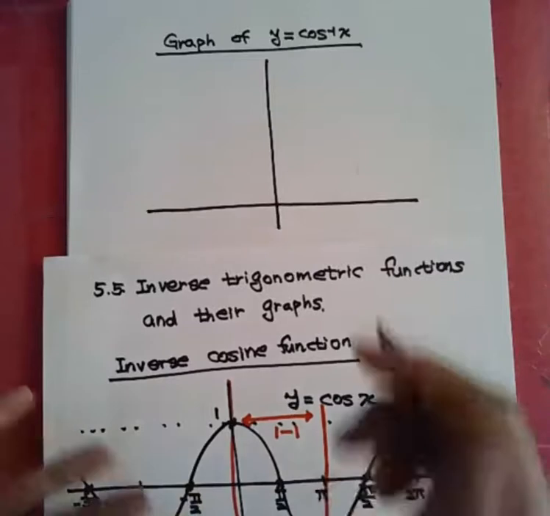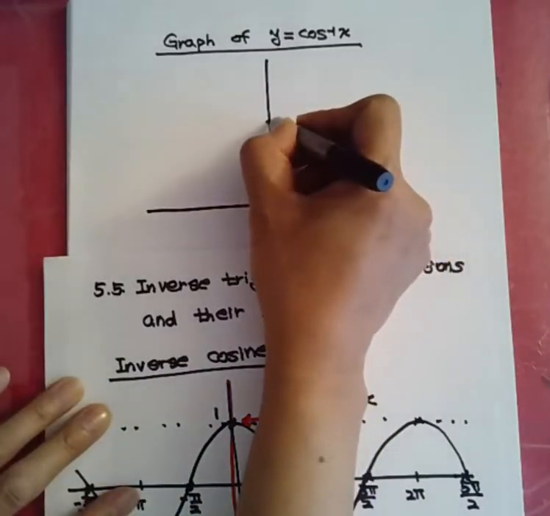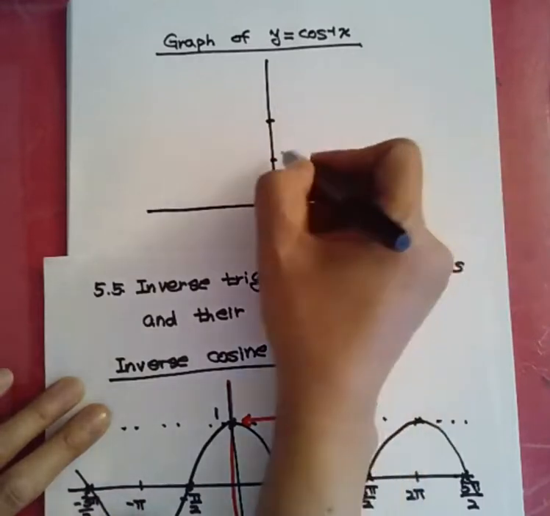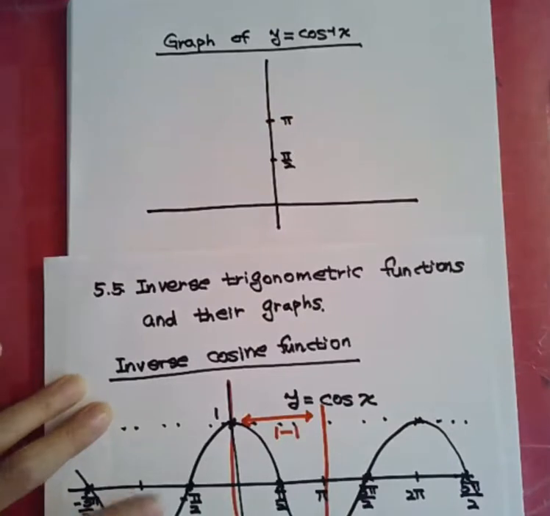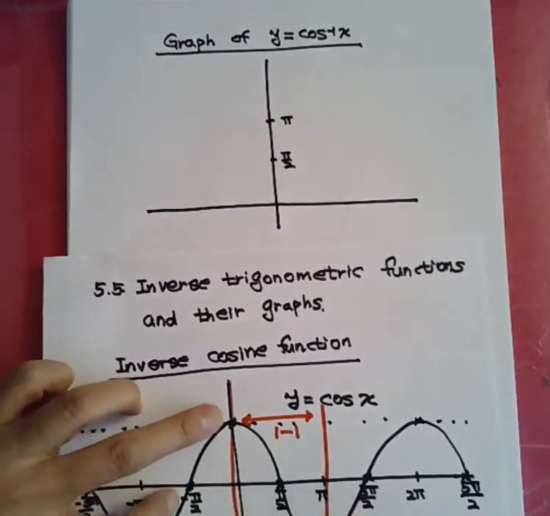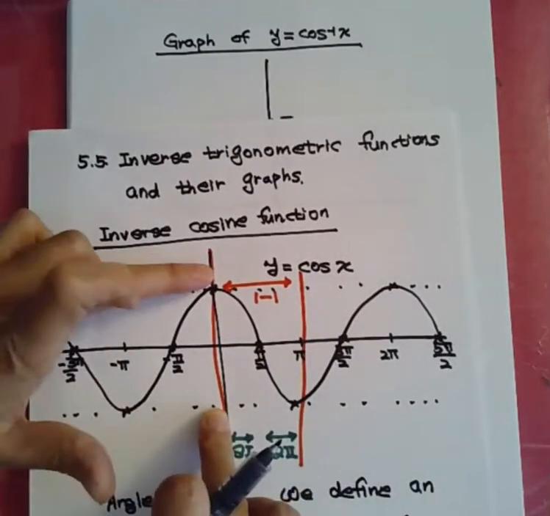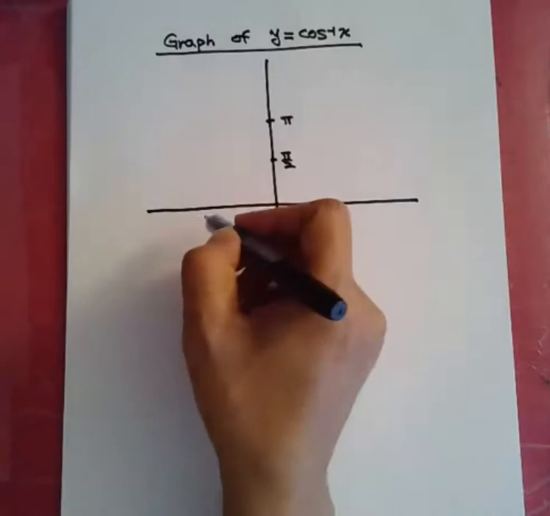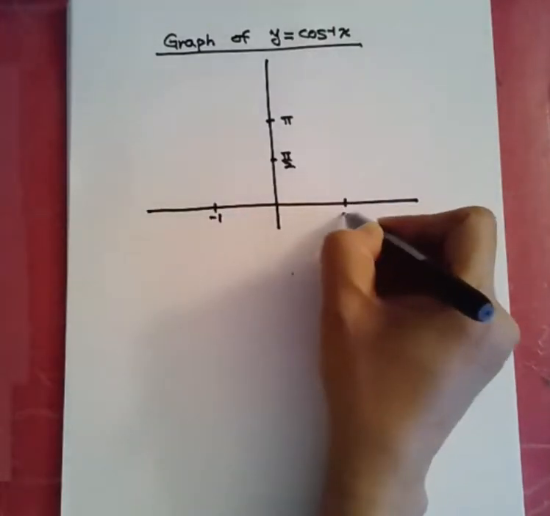This time, those become y values. This is pi over 2, and this is pi. And the range was from -1 to 1, so the domain became -1 to 1.